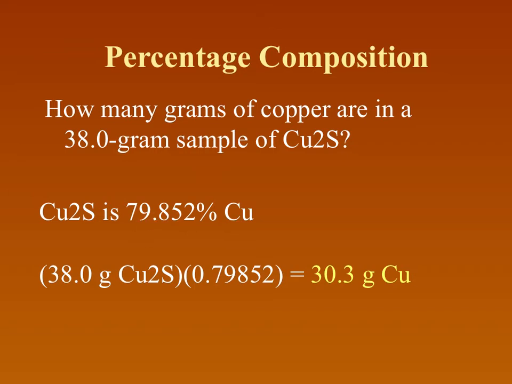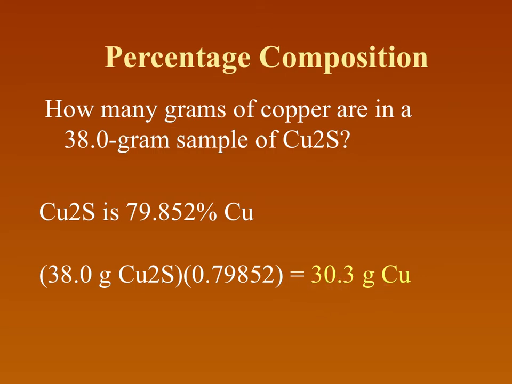If you're not sure how to do this, with any percent, you divide it by 100 and multiply by whatever your total is, so in this case the 38 grams, and you'll get the amount of just that item. So notice we take the 38 grams of the copper 1 sulfide, multiply it by the percent of copper in decimal form, so 0.79852, and we get that there's 30.3 grams of copper in it.